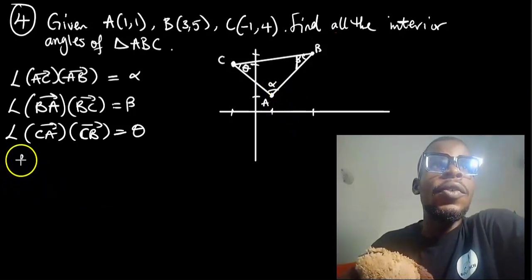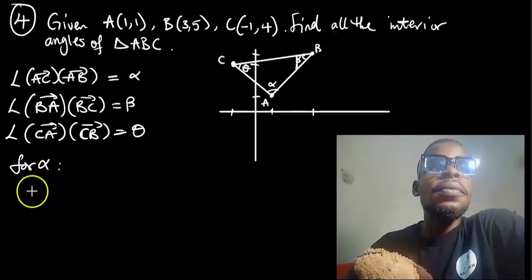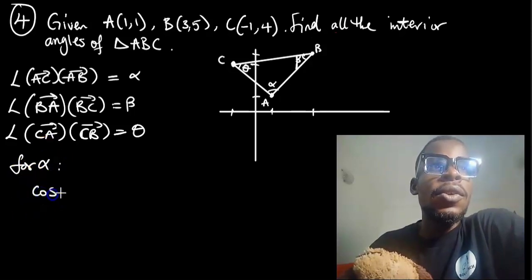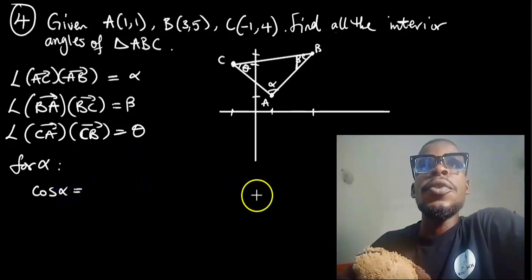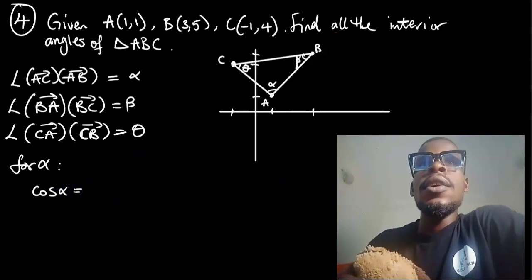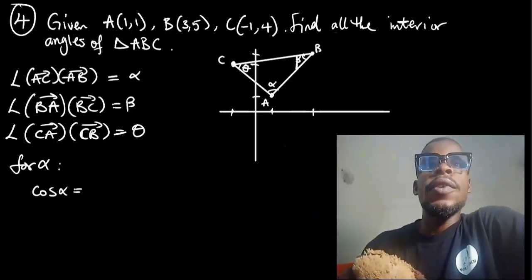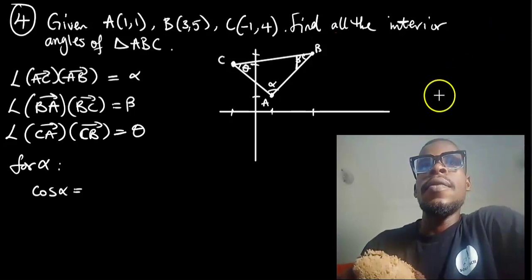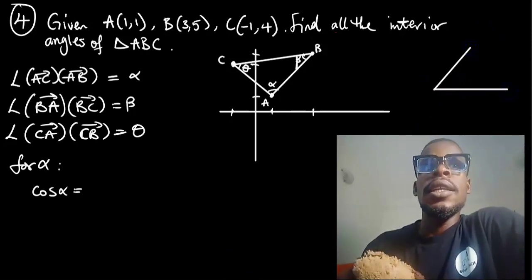So for angle alpha, we easily recall that the cosine of angle alpha would simply be the dot product of the vectors. Let me just remind you in case you've forgotten a little bit. Let's say this is vector A, and this is vector B, such that they are inclined at an angle.